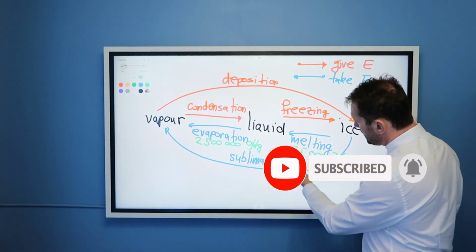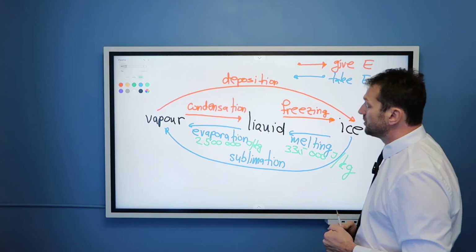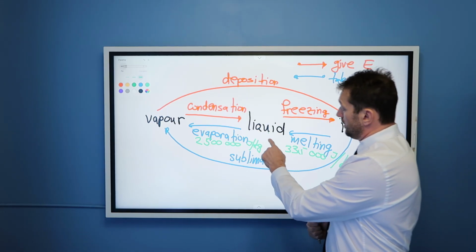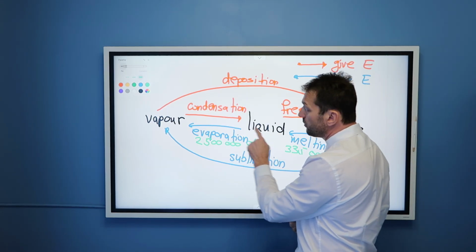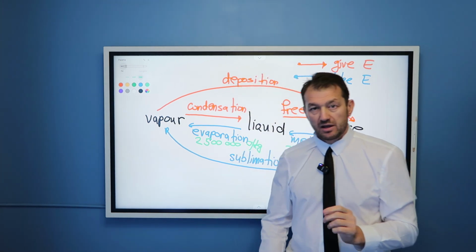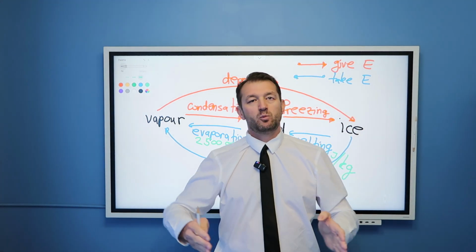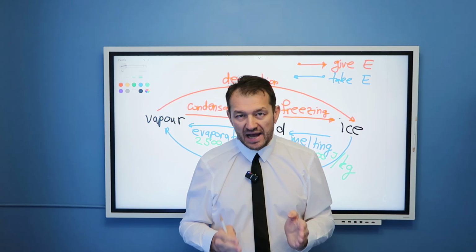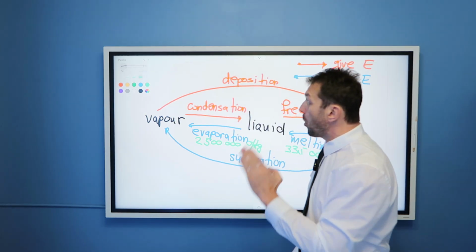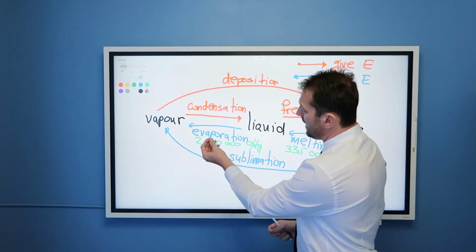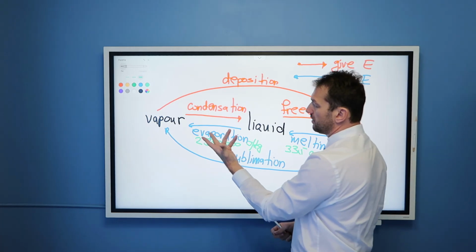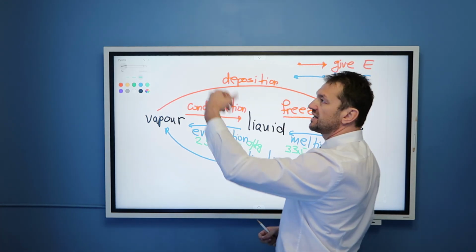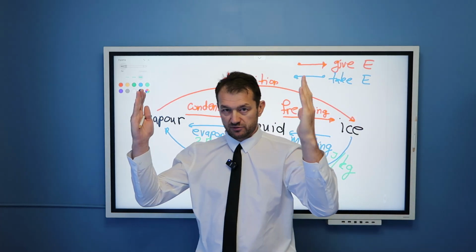And to do that, we need to provide this much energy. However, to go from liquid to vapor, we have to sever, we have to break up those hydrogen bonds completely so that a molecule of water vapor can actually escape the liquid and go into the atmosphere.